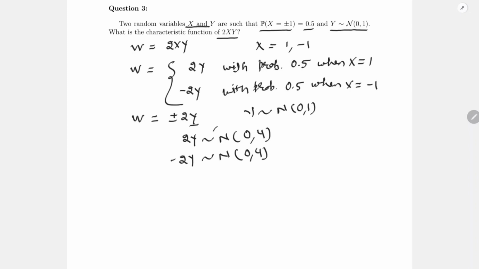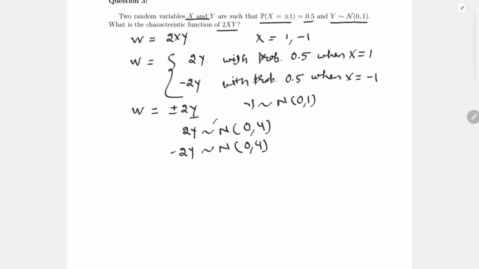So if W equals positive 2Y, the distribution is the same, and if W equals negative 2Y, the distribution is also the same. That implies W will also follow a normal distribution with mean 0 and variance 4.